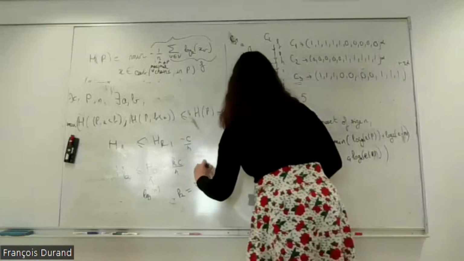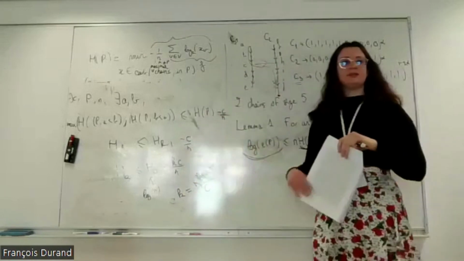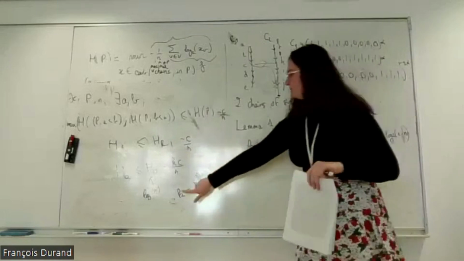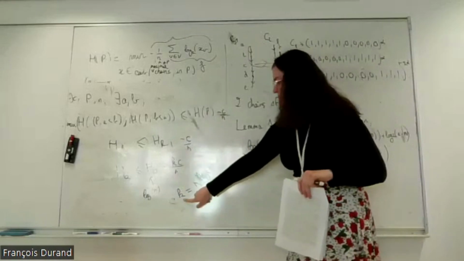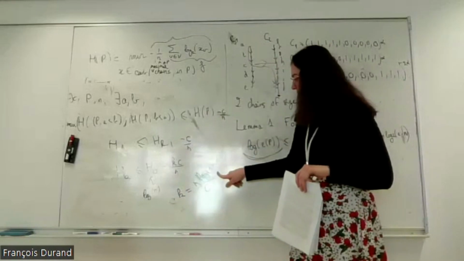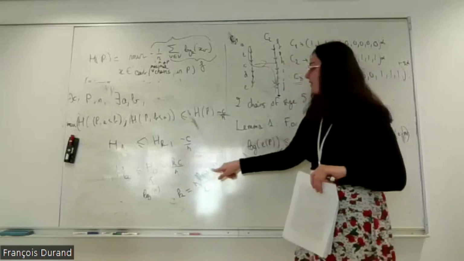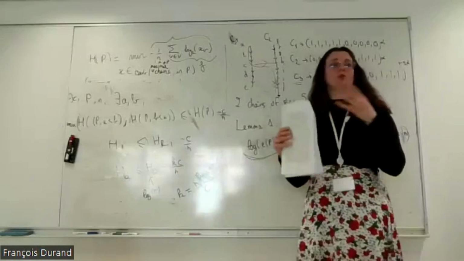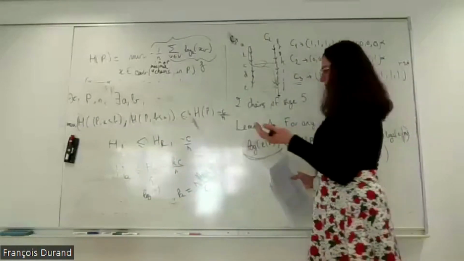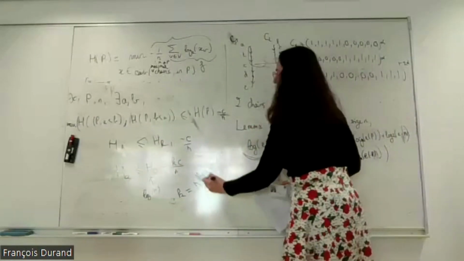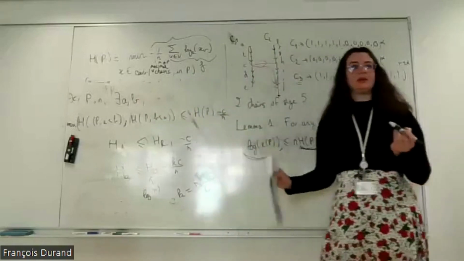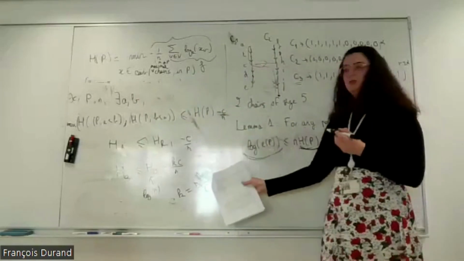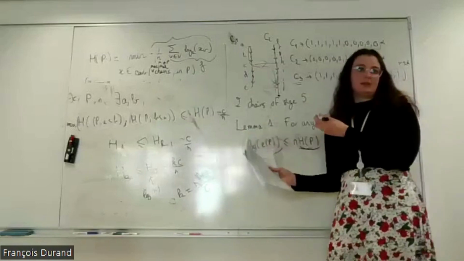At least one pair can be compared. So after n log n comparisons divided by c, your entropy will be 0 and you will have sorted your poset. If c is a positive constant, you will sort in big O of n log n.